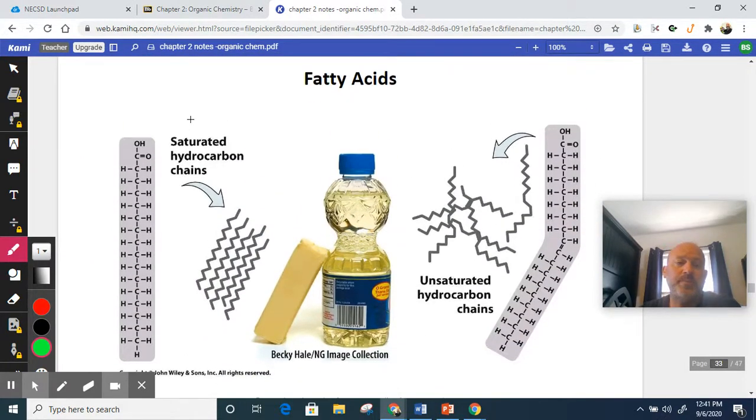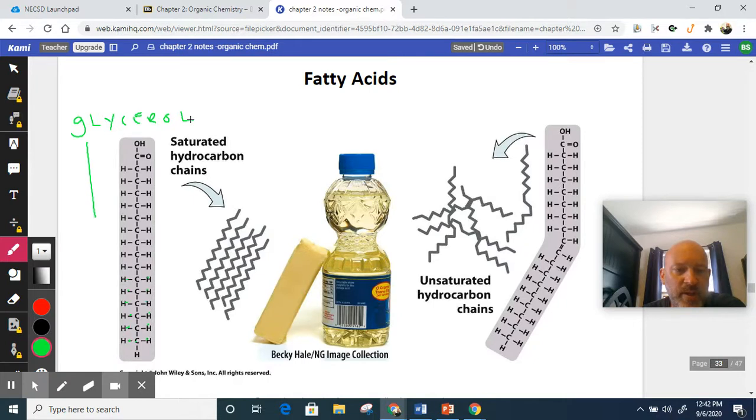Over here, if our glycerol was up here, remember we could have 3 chains. Well, look at this chain. This is one chain. If we look at all the carbons here, we can see that each carbon has 2 hydrogens surrounding it. So all these carbons have 4 hands, right? Remember, a carbon has the ability to make 4 bonds.